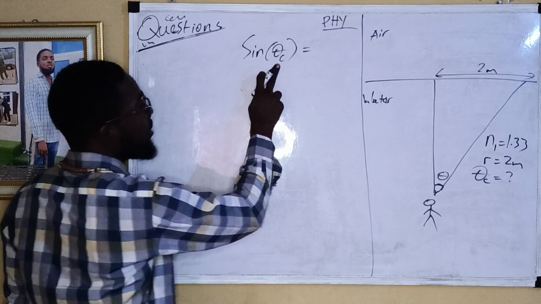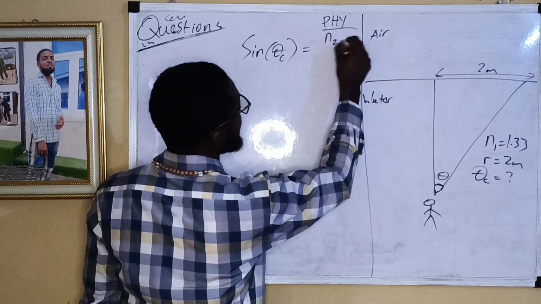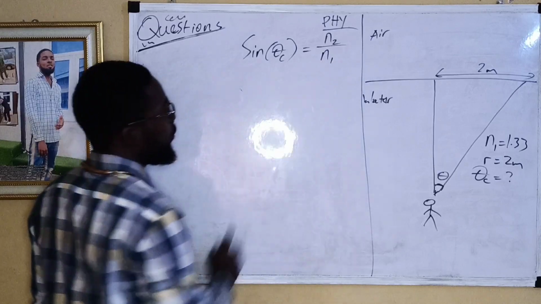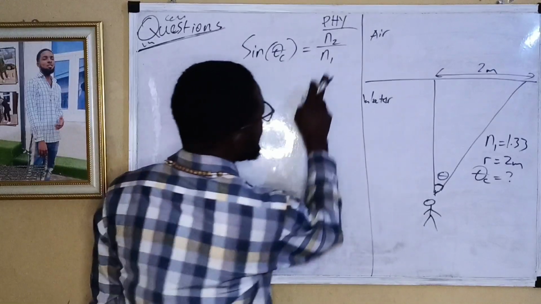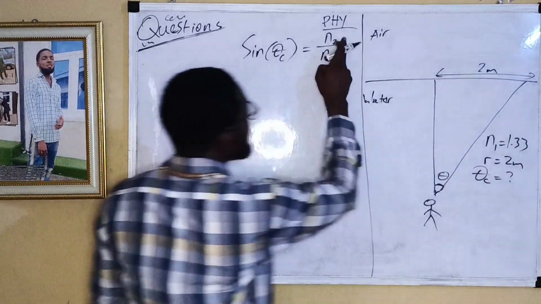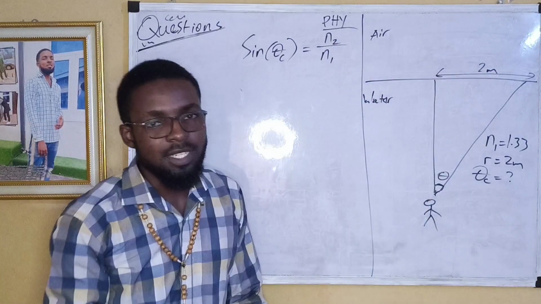Sine of the critical angle is equal to the refractive index of air over the refractive index of water. The refractive index of water is 1.33. So what is the refractive index for air?